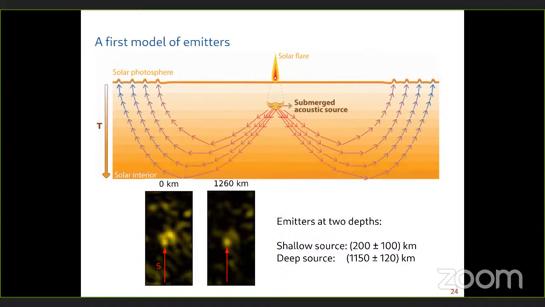So we calculate the depths of these two emitters in order to fit those observations. We found that the shallower source is located at a depth of 200 kilometers beneath the Sun, and the deeper source is located at a depth of 1,150 kilometers.